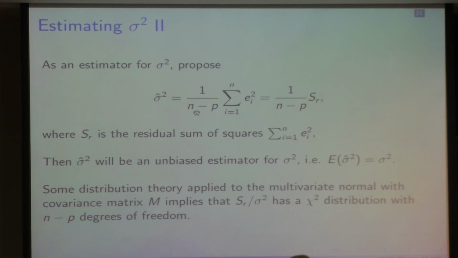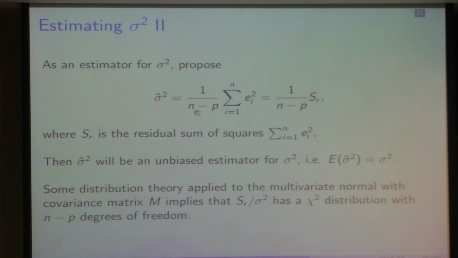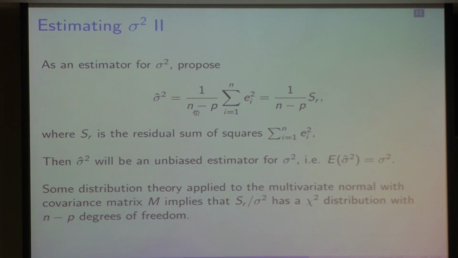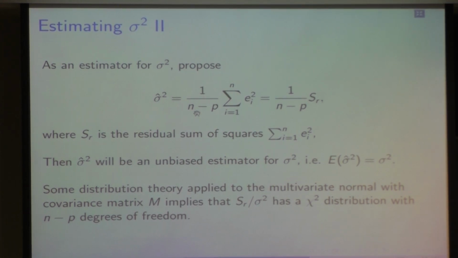And the reason why it has n minus p degrees of freedom is because the rank of that covariance matrix, M, is equal to n minus p. So the sum divided by sigma squared, the variance, so note that is the true variance, not the estimate sigma squared hat, has a chi-squared distribution with that number of degrees of freedom.